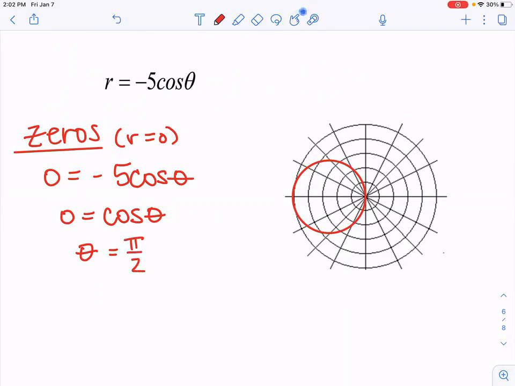So this is how this circle is getting constructed. When we plug in 0, our R value is -5. So -5, 0 is this coordinate right here. We rotate to pi over 2, and then we rotate to 5 comma pi. Just to make this one circle, we only need to worry about the one time it goes through the pole.